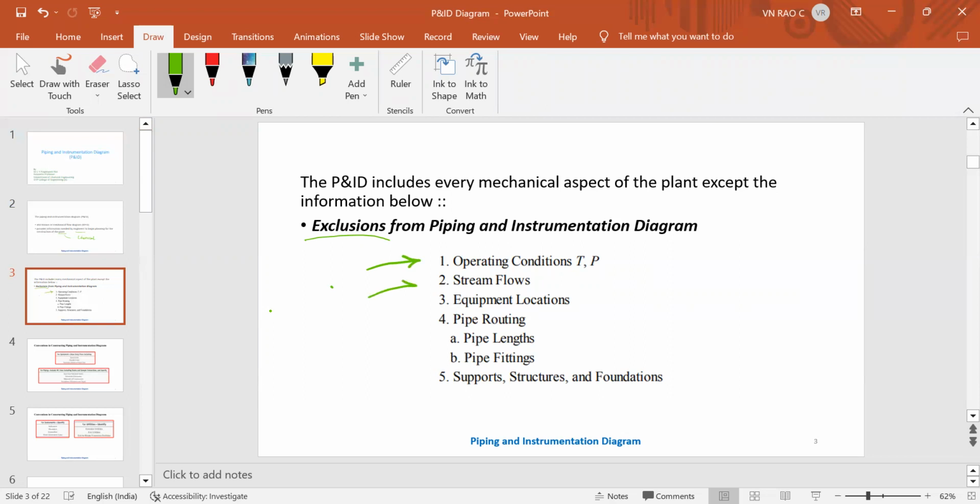Stream flows, that means flow rate, will not be depicted on the P&ID diagram, but can be seen in the PFD. Equipment locations are not depicted. Pipe routing, and lastly supports, structures, and foundations. The first two are found in the PFD, that is the process flow diagram.